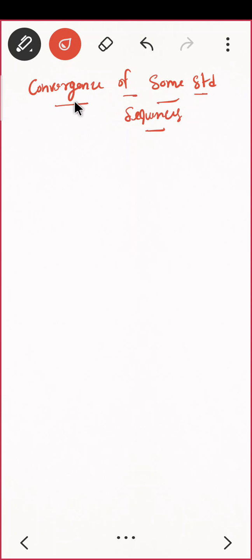Convergence of some standard sequences. The first one is 1 upon 1 plus n, and you already know about that, correct?